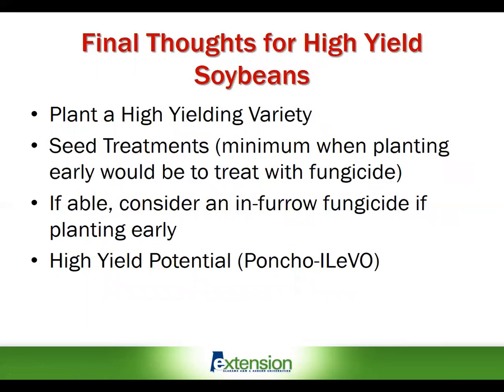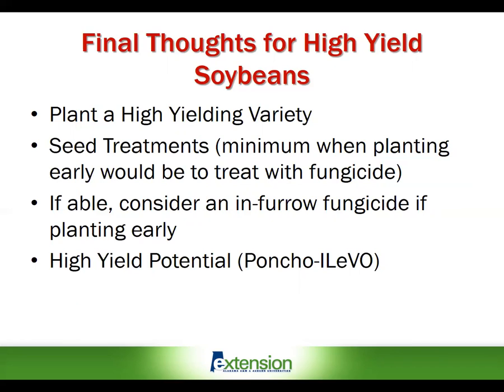So my final thoughts for high yield soybeans is to look at the variety trials, consider your own experiences with the variety, and pick a high yielding variety. When I'm planting early, the minimum I want to have is that seed treated with a fungicide.